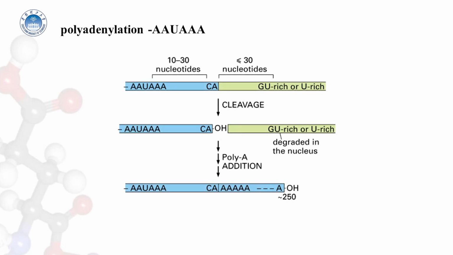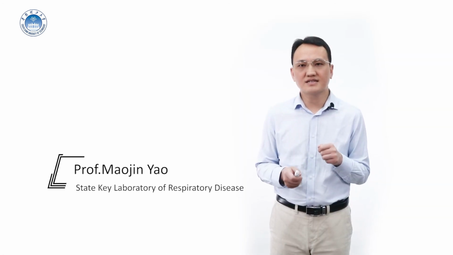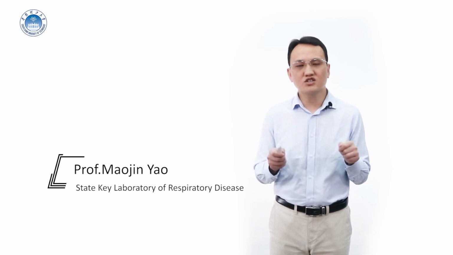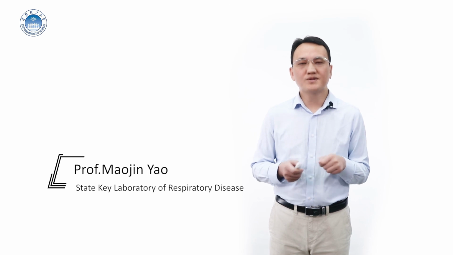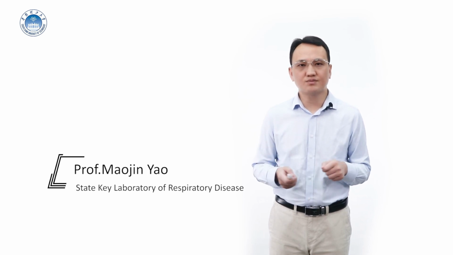Polyadenylation is the addition of the poly-A tail to the messenger RNA. The poly-A tail consists of multiple adenosine monophosphates. Polyadenylation is part of the process that produces mature messenger RNAs for translation, and therefore forms part of the larger process of gene expression.